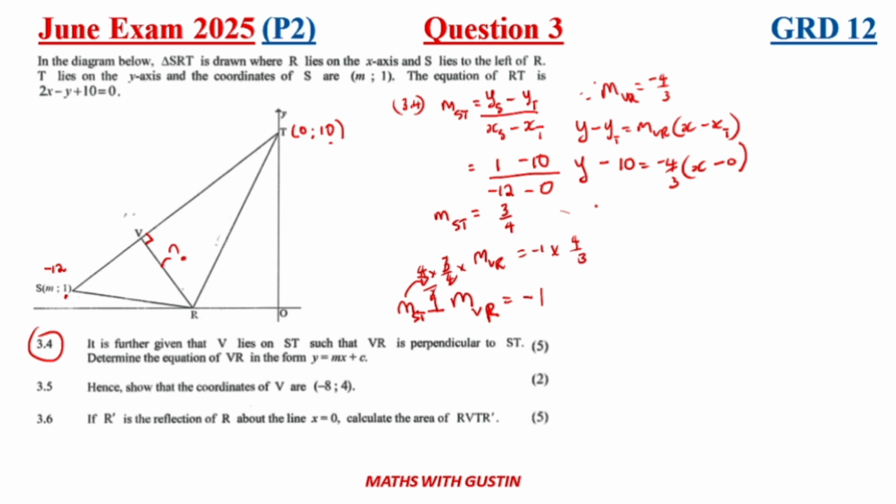Therefore y = -4/3 x + 10. This is the equation of VR, in the format they asked for, and you get your 5 marks right there, guys.